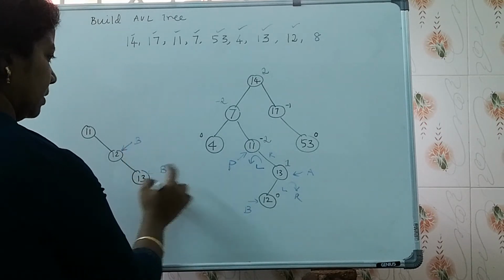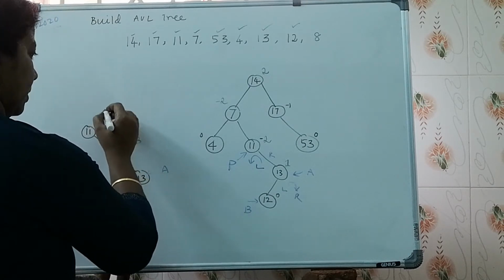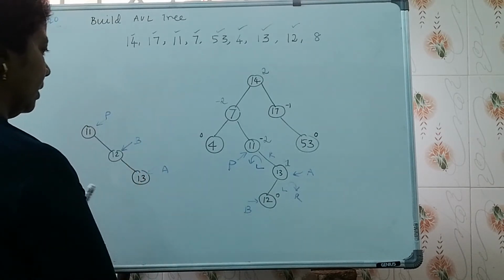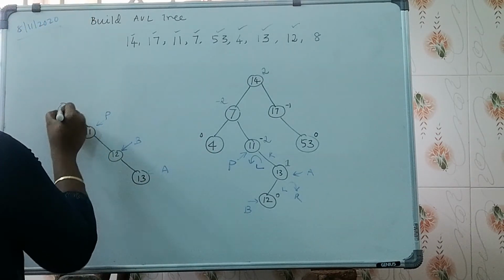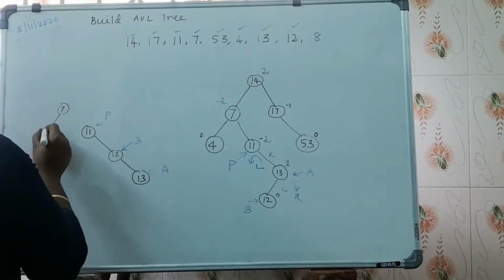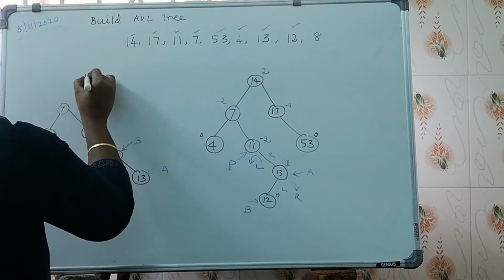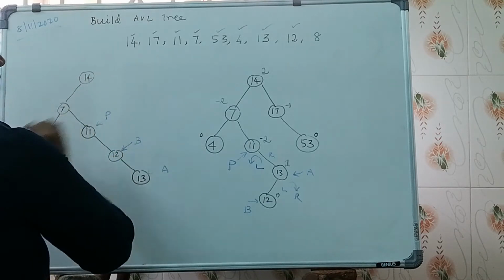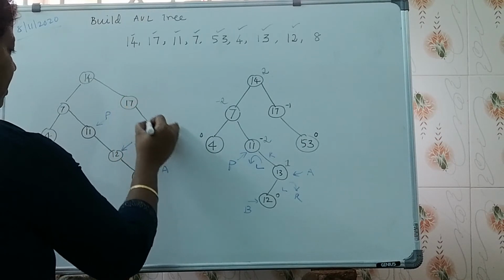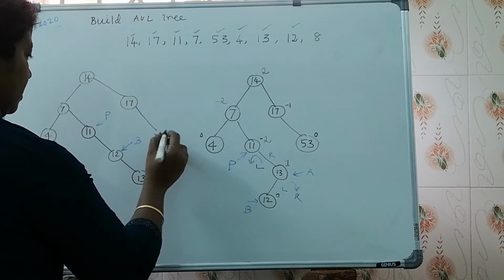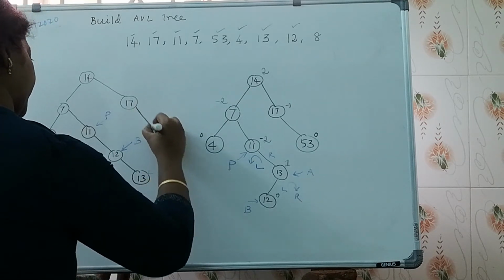This is B, 13 is A. Now this is your P. Now the remaining nodes will connect as such. So let me draw that: 7, 7 left is 4, and then 14 is the root node. Then it has 2 children, 17 and then 53. Fine.